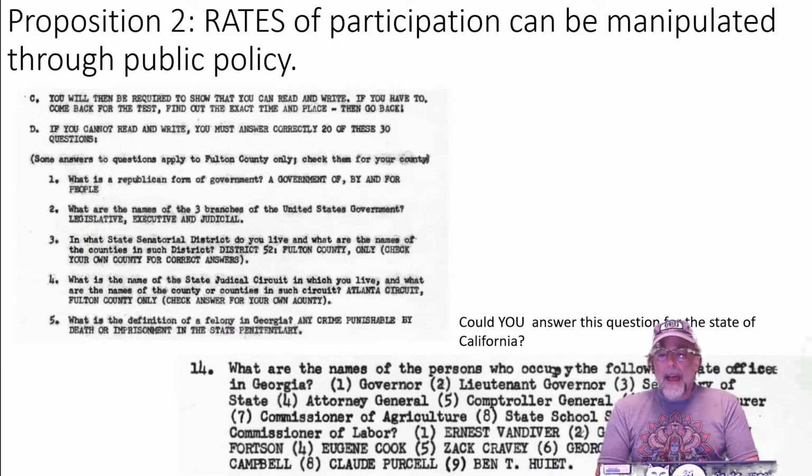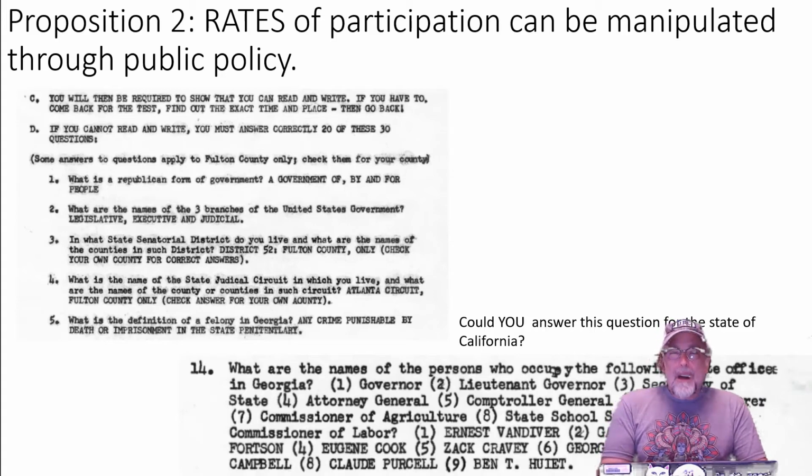Another way that this was done during the same period was by using literacy tests, by making people go not only to a specific place to register to vote, but by then putting up a barrier to their registering to vote by saying, look, you have to prove that you are literate, that you can read and write.